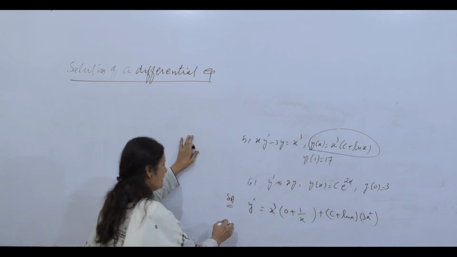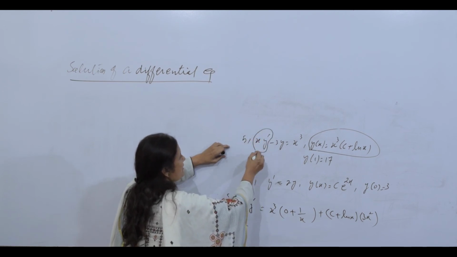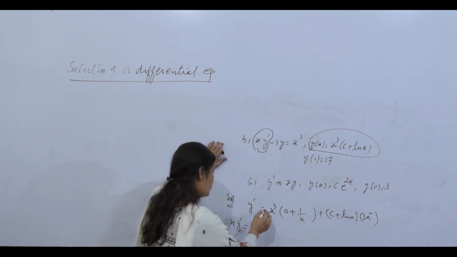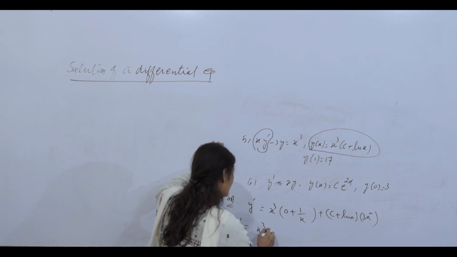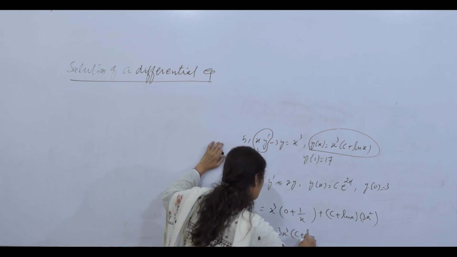Let me multiply this with x because I need x y dash. So this is x cube plus 3x cube (c plus ln x).